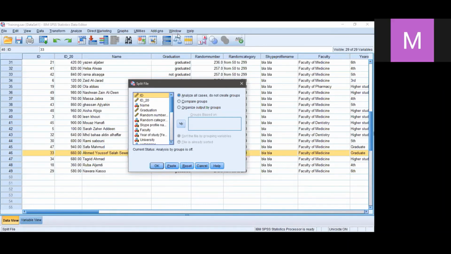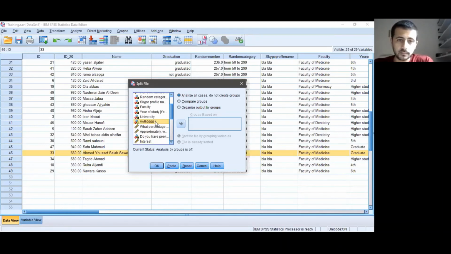Okay, so what does the split file work on? If I go to the same variable, the first option is analyze all cases, do not create groups. So this was the default option.